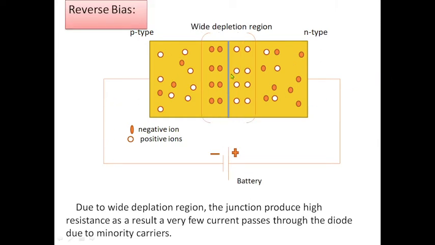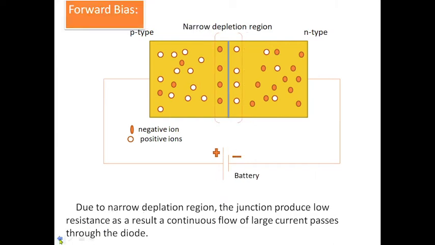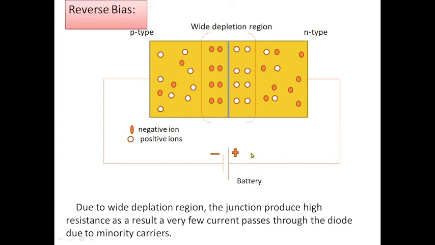But in reverse bias, what happened? The battery is connected in the reverse direction. Which was in forward direction, but in reverse the battery direction is changed. The positive is changed.